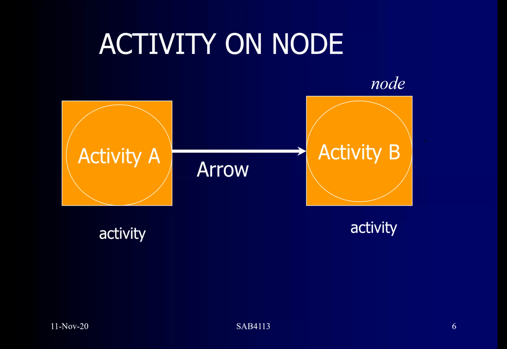Okay, activity on node. Remember the node in the original design was a circle, like what I draw here. If we continue using circle, then people will get confused. Is it activity on node or activity on arrow?